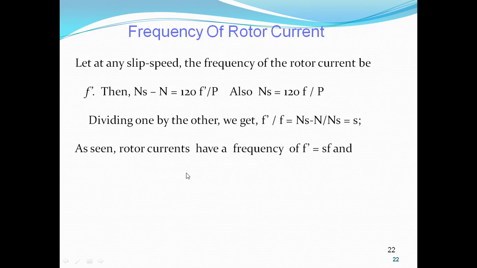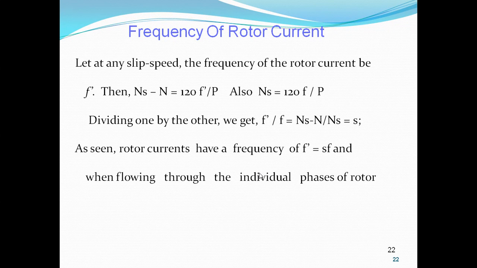So the rotor current has a frequency of F' equal to s times F, the supply frequency, and when flowing through the individual phases of the rotor winding it gives rise to the rotating magnetic field. Note down this expression.